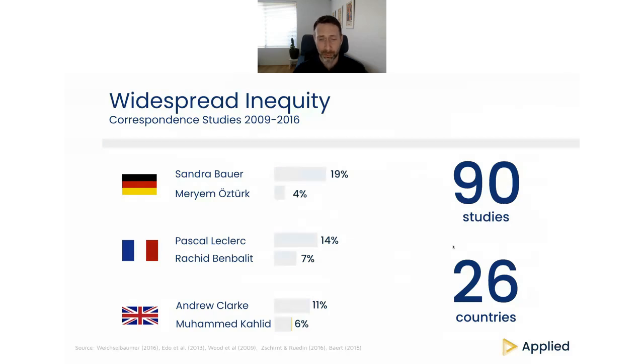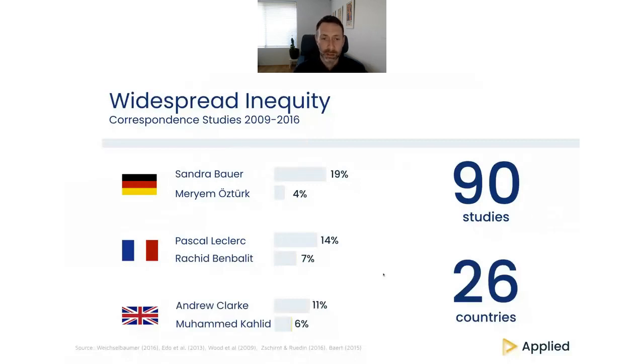And in about 85% of these studies, it showed a significant negative impact on the minority group. As we just saw, we have Sandra and Miriam in Germany, then Pascal and Rashid, 14% versus 7% in France, and Andrew and Mohammed, 11% to 6% in the UK.